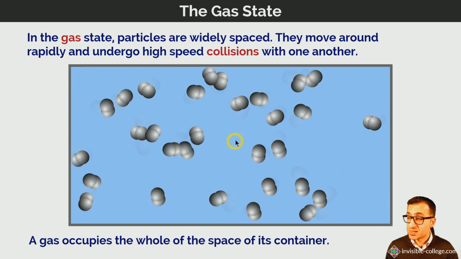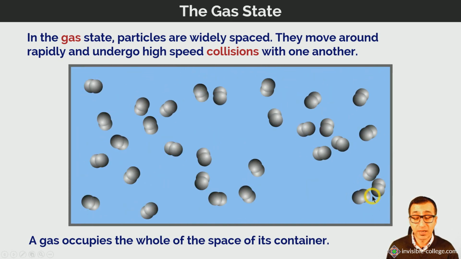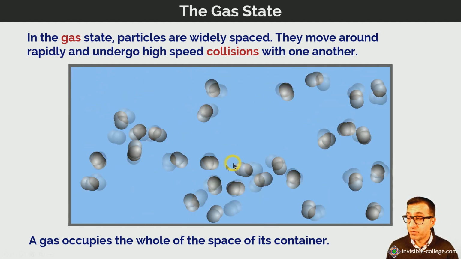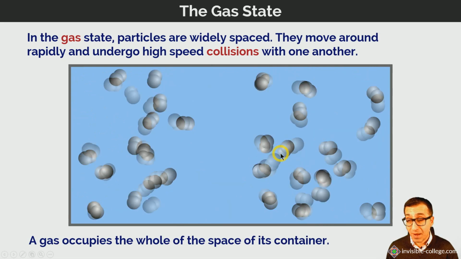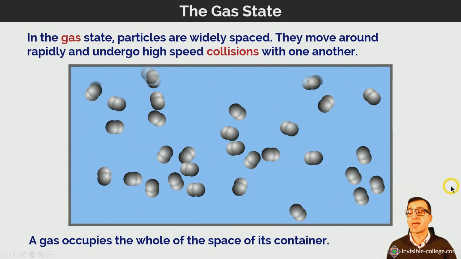So gases like this diatomic gas here, as you can see, these molecules are diatomic molecules like oxygen or nitrogen. We can see here that the particles are moving freely, translationally, rapidly, and they are colliding frequently with each other and with the walls of their container.